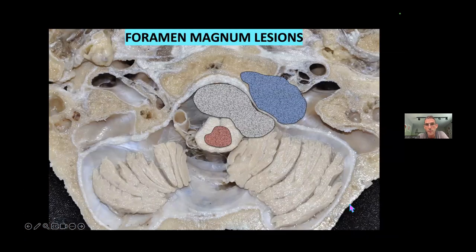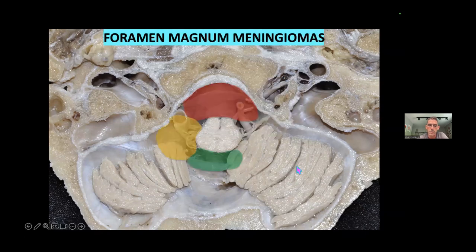So in the foramen magnum region, we can see lesions that are extradural, intradural, extraaxial, and intraaxial, like cavernoma, meningioma, and chondrosarcoma, for example. But in this lecture, I'm going to talk about intradural extraaxial lesions, the meningiomas of the foramen magnum.